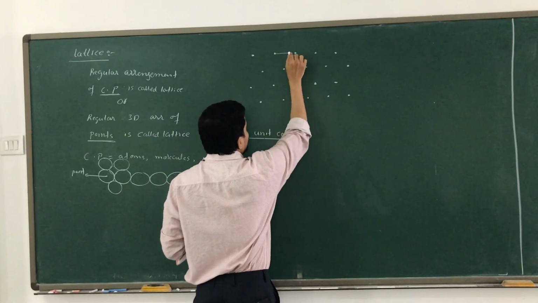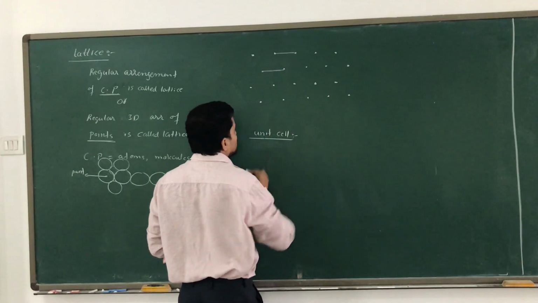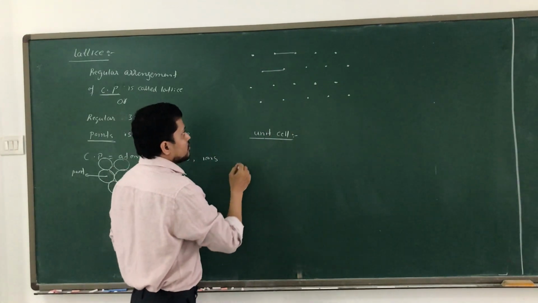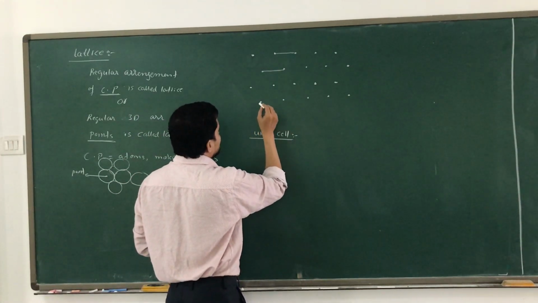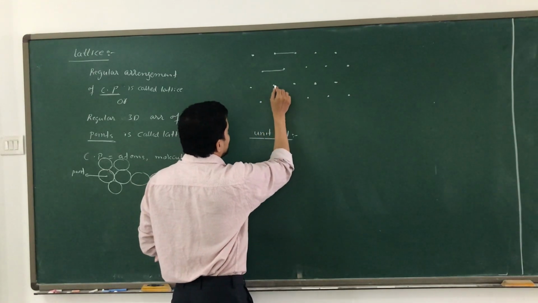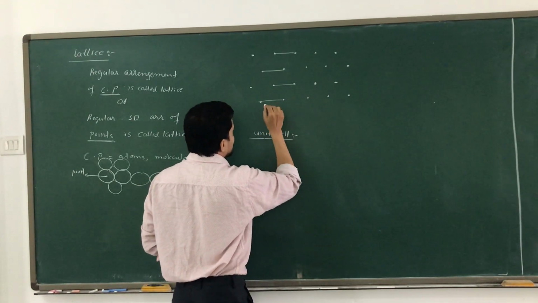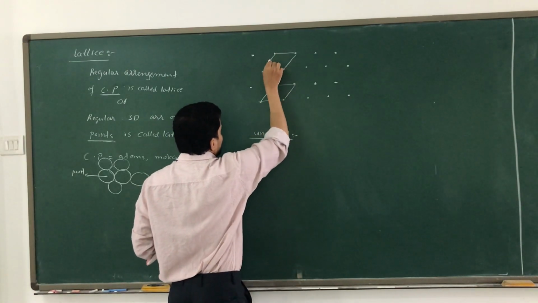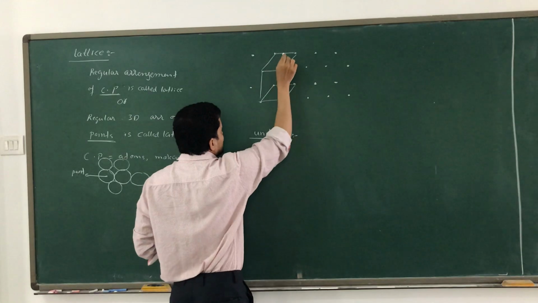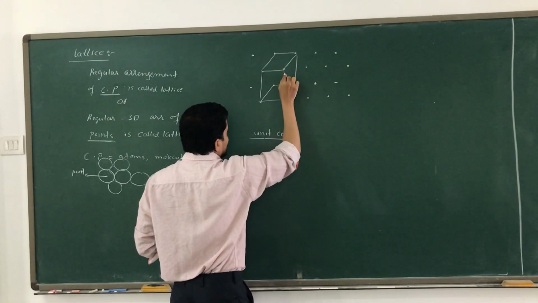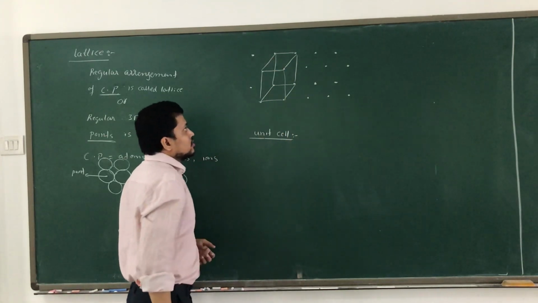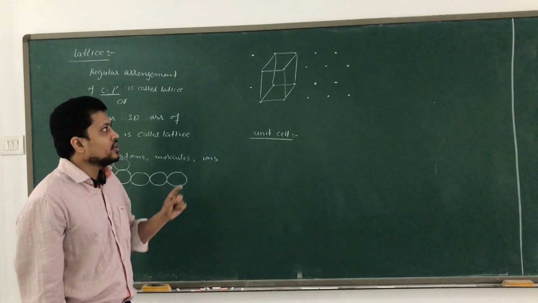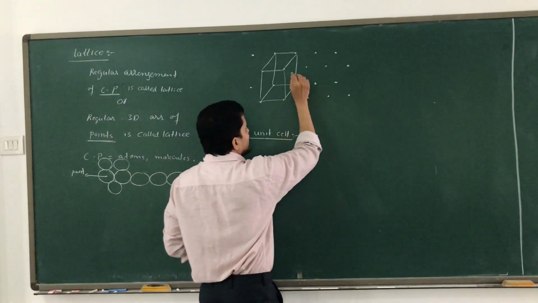If I make these 2 points, and then these 2 points and these 2 points, and when I join them this way, this one is going to be one unit cell.